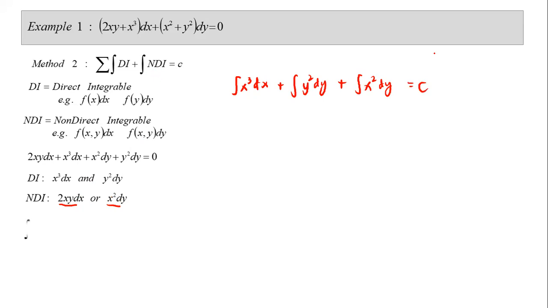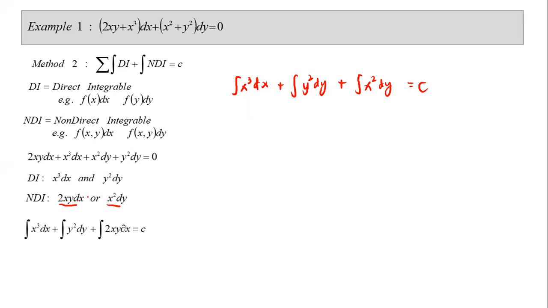So this is the direct integrable, and here I choose 2xy dx. Here I will be using x squared dy. So we only choose one of the non-direct integrable.